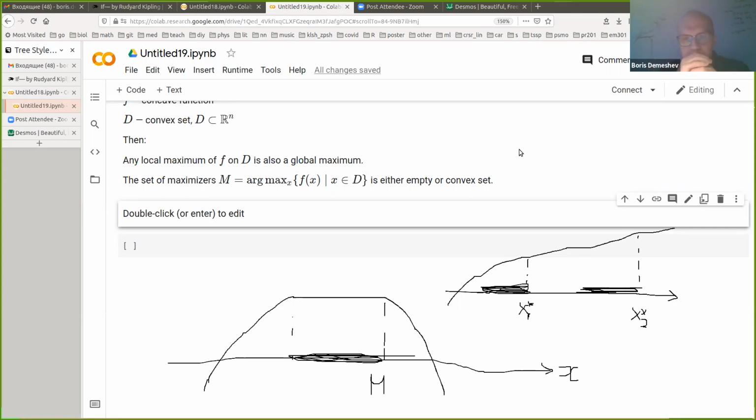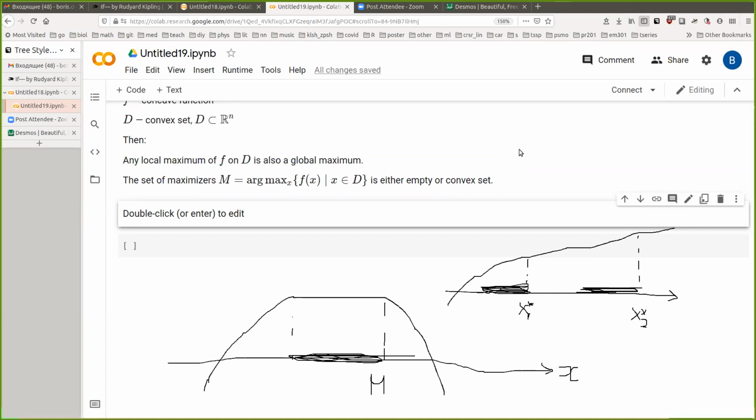What happens if our set is also concave and not convex? There are no concave sets at all. D is our constraint set.